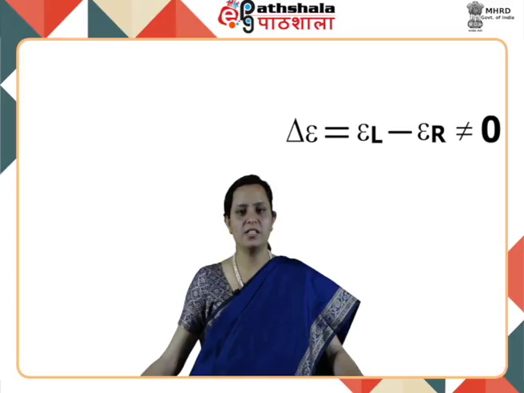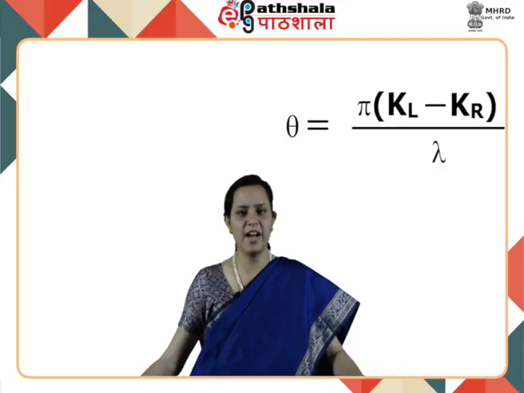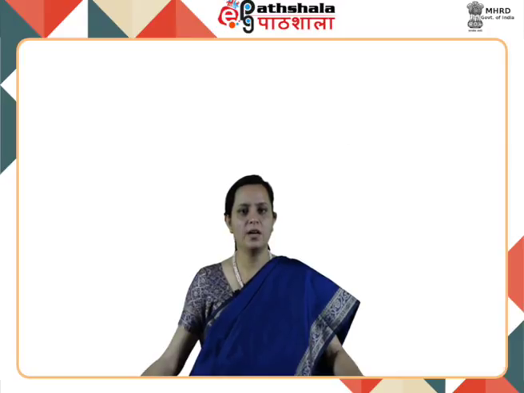Delta epsilon is equal to epsilon L minus epsilon R, which is not equal to 0, and the angle of ellipticity theta is defined as theta is equal to pi times kappa L minus kappa R divided by lambda, where tan theta is equal to ER minus EL divided by ER plus EL, where kappa is the absorption index.